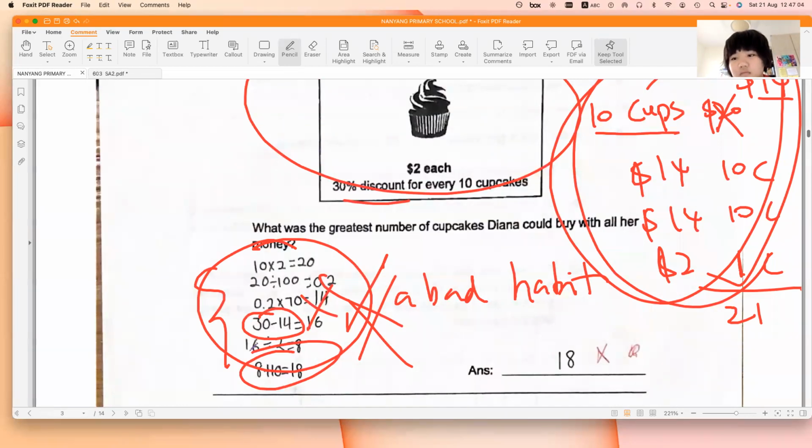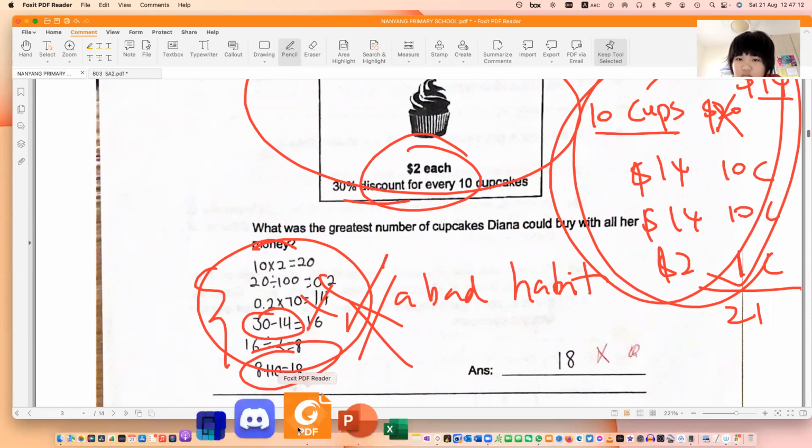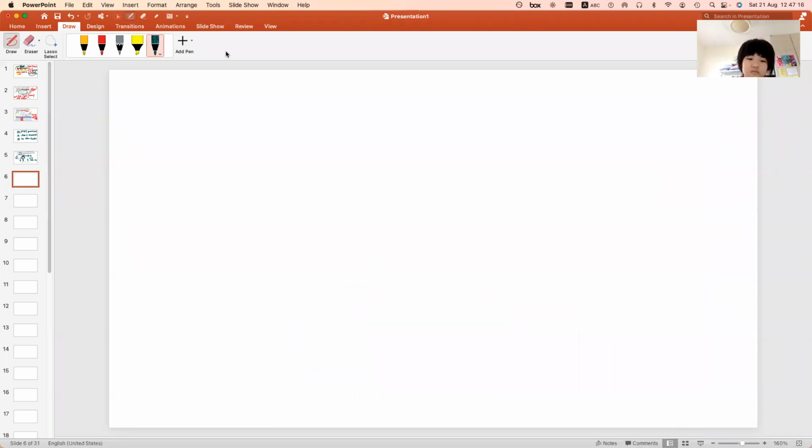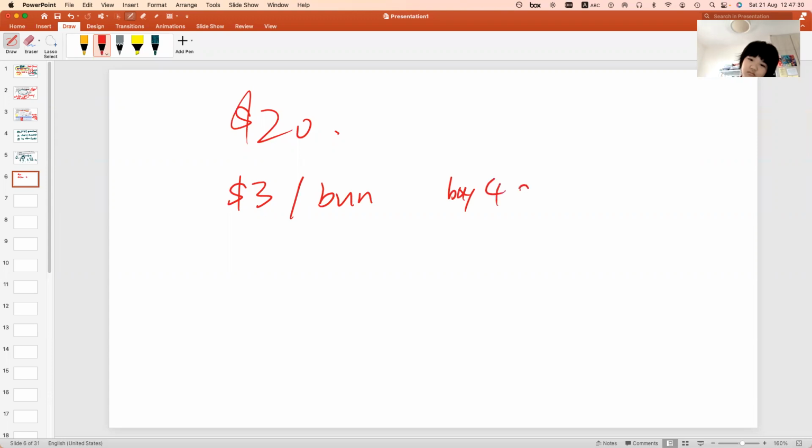There are many questions like this. This is called a breakdown question. I can give you another one. If you don't do it the breakdown way and go and do it your way, you tend to make mistakes. Let's say you have $20, and you buy buns at $3 per bun. Of course they will say you buy 4, you get 1 free.